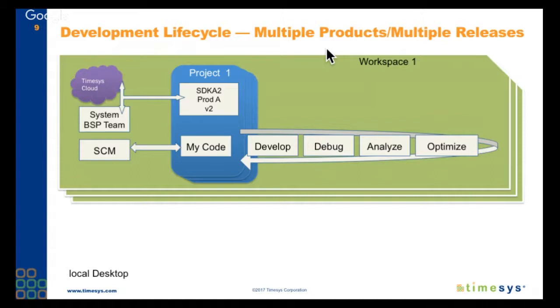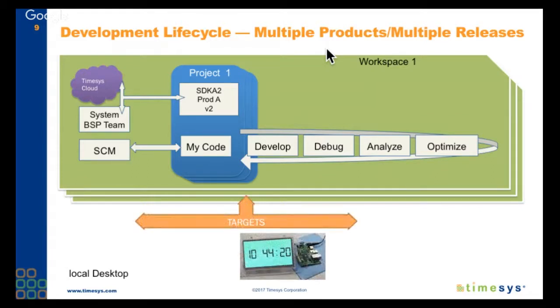Now, once we have an executable that we've debugged, or that we want to debug, we need also some way of running that application somewhere, either on a target of some sorts that's embedded, or a desktop. So let's say that we have this nice picture here of a clock and an embedded board on which we perform this cycle. The debug, analyze, and optimize is connected to the target.